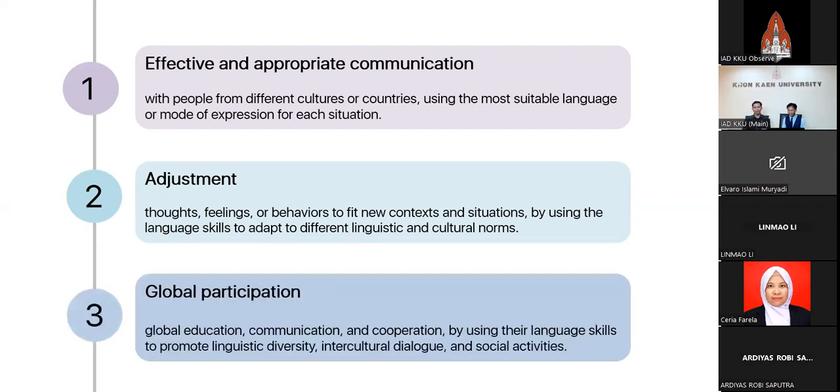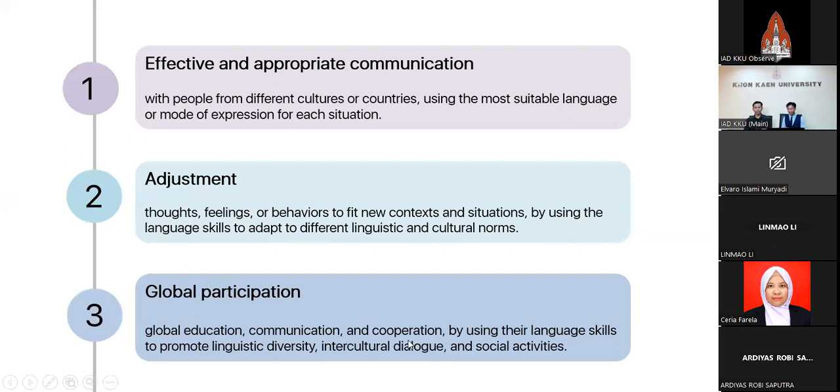The third one is global participation, like I'm doing right now. So we can share the knowledge here with you guys. And then, of course, it's global education, right? And also communication and cooperation, maybe a university will cooperate with another university as well. And of course, we use an international language to promote.